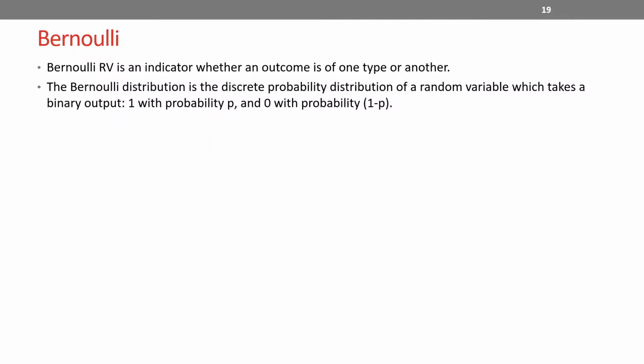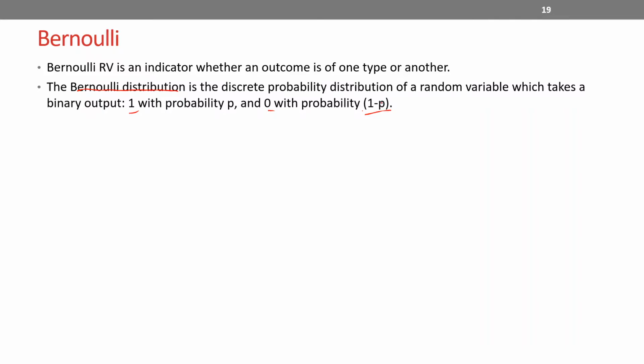And then obviously, because it's a random variable, it will have a distribution that will be referred to as the Bernoulli distribution. It is a discrete probability distribution of a random variable which takes a binary output. So instead of h and t, for example, in heads and tails, I can express that in terms of 1 and 0. If the probability of getting 1, which is heads, is p, then the probability of getting the other outcome, because there are only two outcomes possible, is going to be 1 minus p, right?